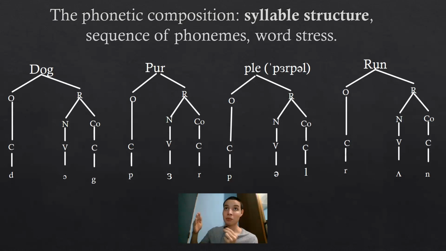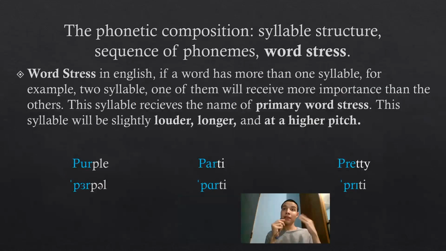You can see examples here with a single syllable word such as dog or run, or a two-syllable word which is purple. Now, another phonetic composition is the word stress. In English, if a word has more than one syllable, for example, two syllables, one of them will receive more importance than the other.